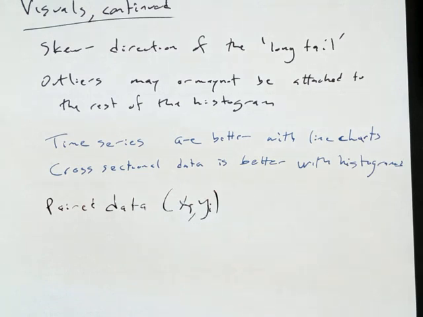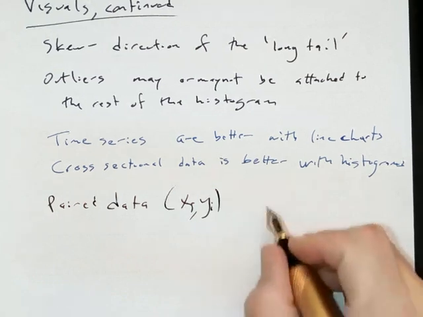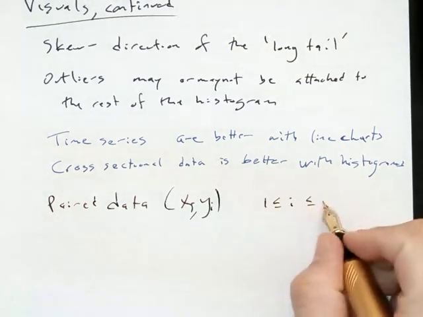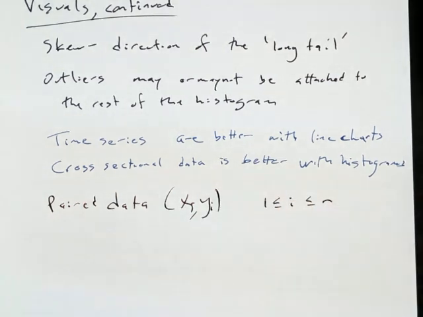So let's suppose I have pieces of data, X and Y, some set of them. We're just having one set of two. Rather than just plot them separately, I might want to see if they're related to each other.